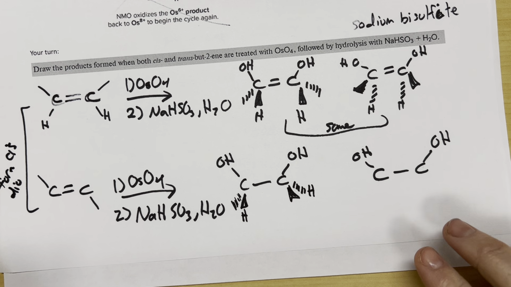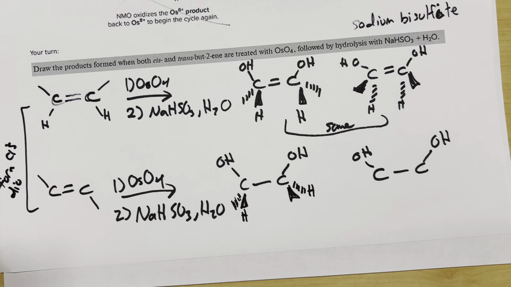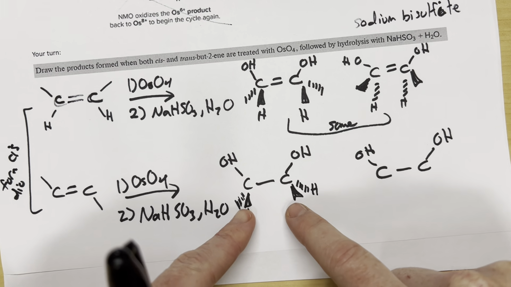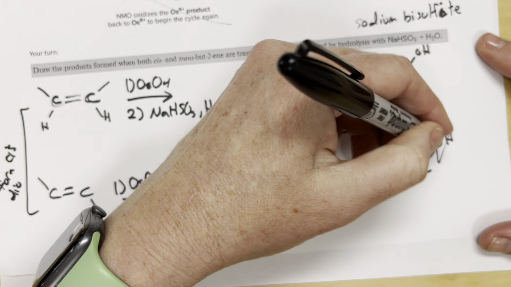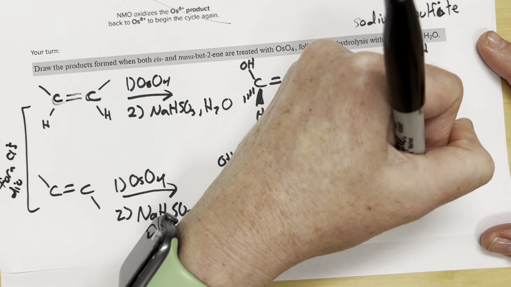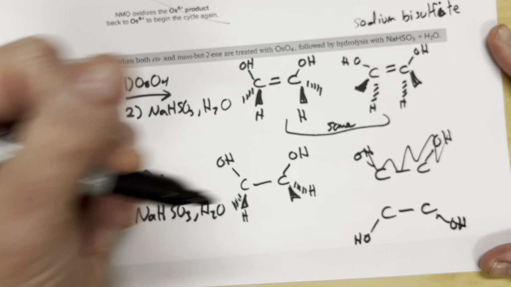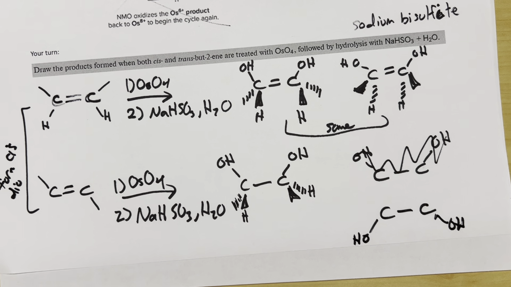In fact, it might even be easier to draw it with those alcohols down and just repeat the same thing up. That's what I'm going to do. I'm going to take carbon, carbon, alcohol down, alcohol down. It's a little easier to see.